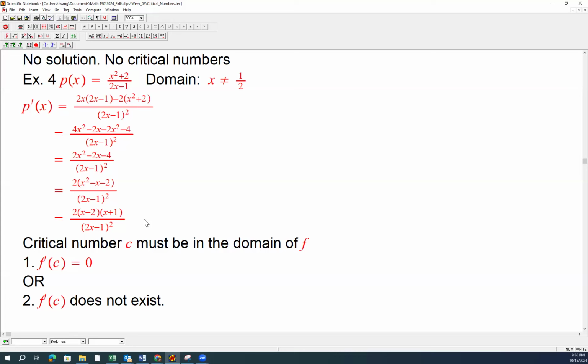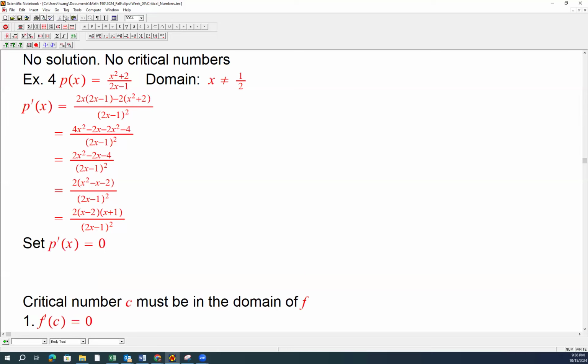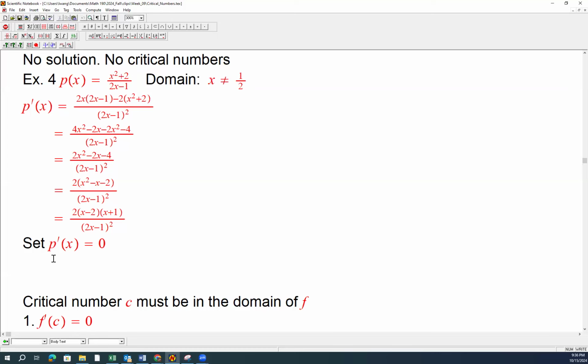And now we can set it equal to 0. So we're going to set the derivative function equal to 0. We're doing all of this in the domain of the function p. Remember that? So when we set it equal to 0, we know we're operating inside the domain.